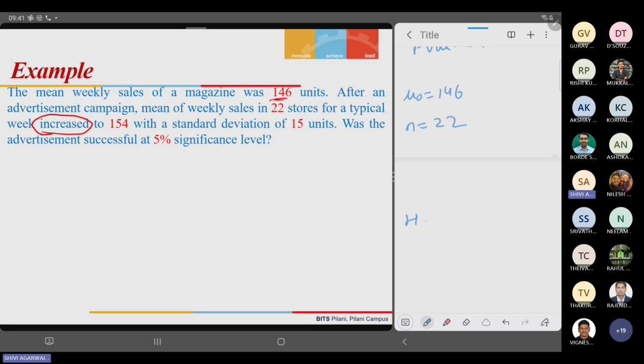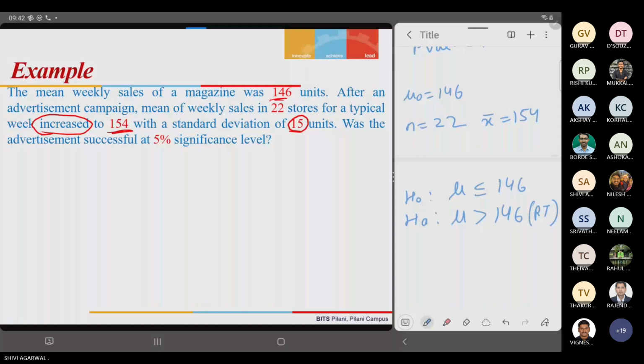So HA will be mu is greater than 146 and H naught is mu is less than or equal to 146. Correct? It is right-tailed. Okay. Now what is given here? 154. So X bar will become 154. And a standard deviation is 15 units. Correct. It is a right tail.